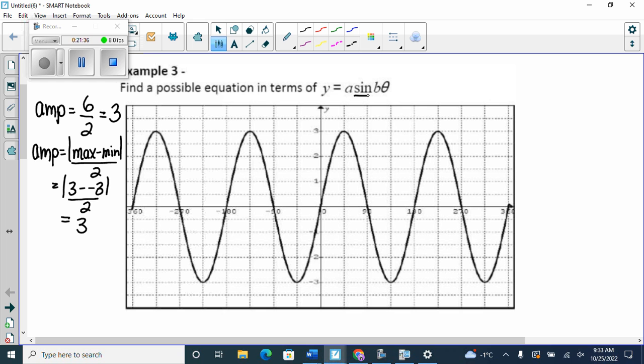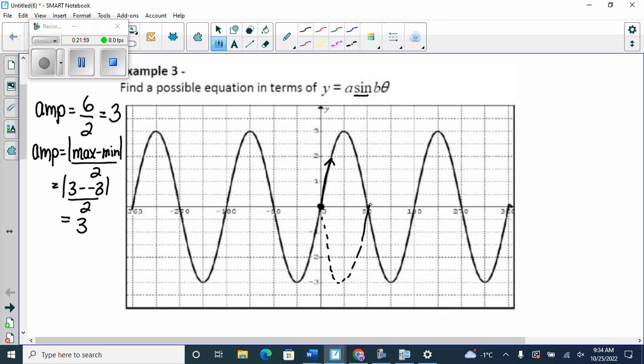Where's this graph? It's at 0, 0, and it's going upwards. So it's still a positive sine graph. What do you think is going to happen when you have a negative sine graph? It's going to reflect it. So it's going to do the complete opposite. It's going to go downwards. It's going to have a negative slope right off the hop.